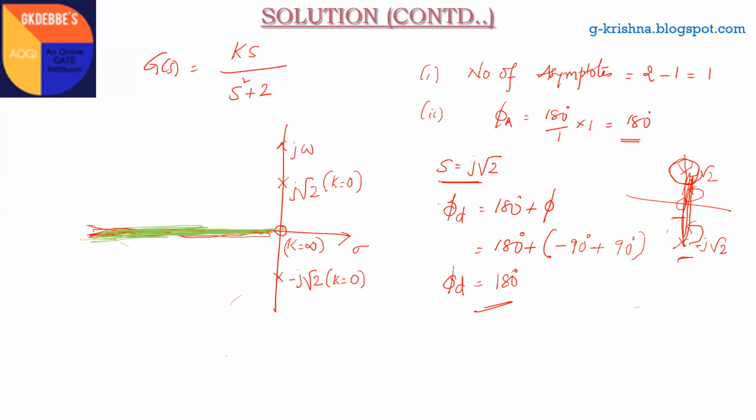We can expect that the angle of departure of this pole is minus 180 degrees, and this one is plus 180 degrees. For these two poles, they must come onto the real axis, since for k equal to infinity, the two closed loop poles are on the real axis, one at origin and another at infinity at an angle of 180 degrees. Therefore, they form a perfect semicircle.